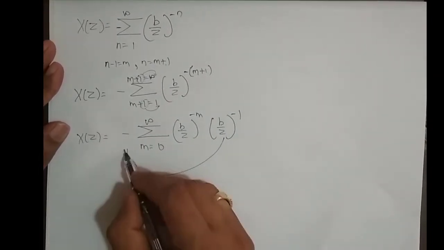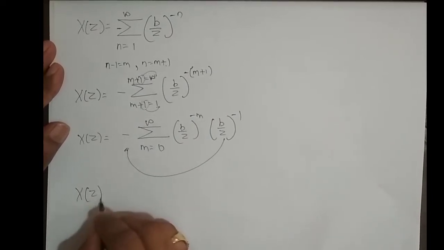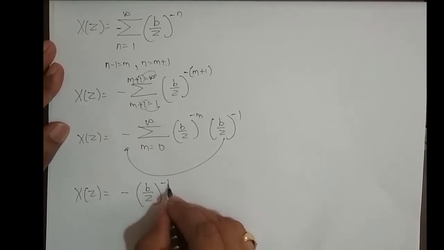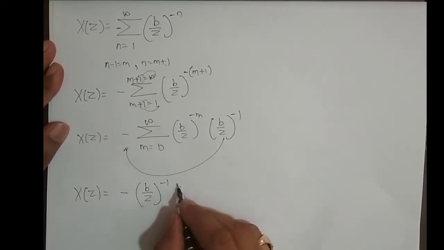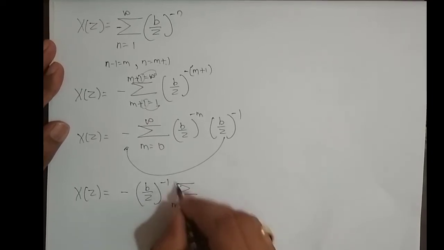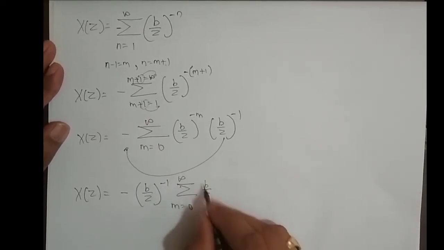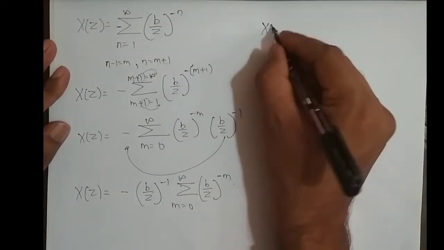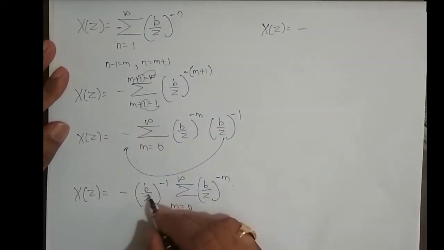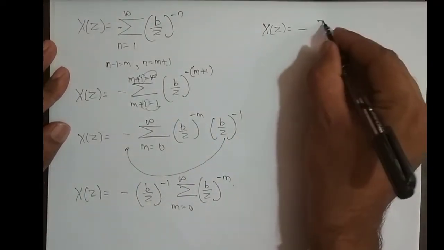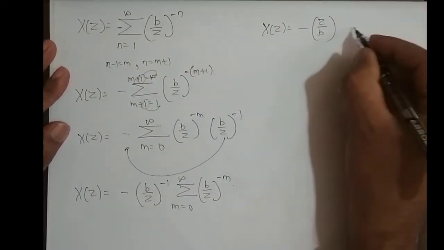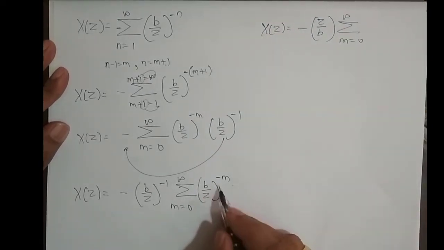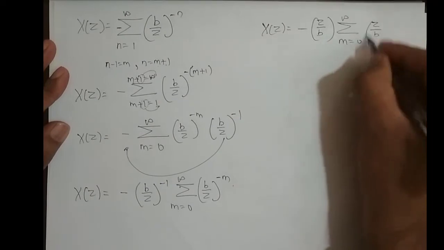Now I'll take this outside of the summation because it's independent of m: minus of (b by z) whole power minus 1, into summation m varying from 0 to infinity, (b by z) whole power minus m. So x of z is equal to minus of, instead of writing (b by z) power minus 1, I'll write it as (z by b) power 1, and summation m varying from 0 to infinity, instead of (b by z) power minus m, I'll write it as (z by b) power m.